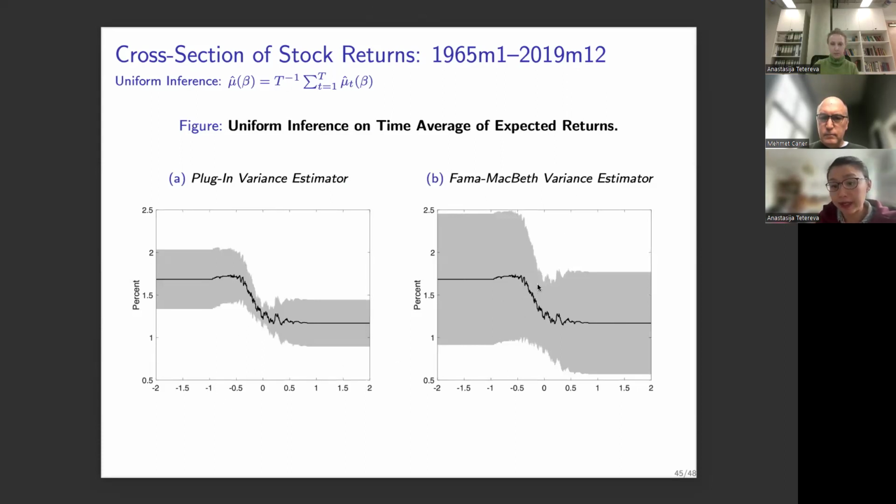Fama-MacBeth, in terms of confidence interval, produces wider bands, whereas the plugin variance produces way narrower bands. The average returns have a downward sloping shape, and the plugin variance shows that this shape is strictly downward, not like the Fama-MacBeth bands, where any constant line would pass through.